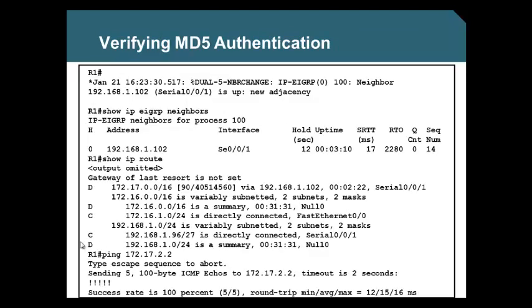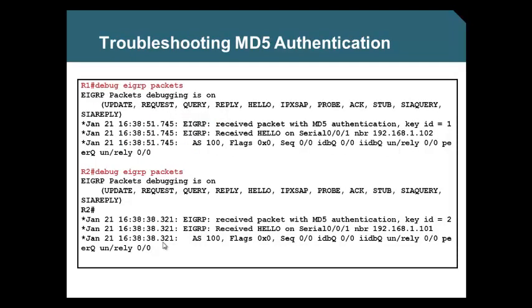For verification, you type show ip eigrp neighbor. Once the authentication is good, the neighbor should come up, and you check the routing table. You should see the route and the ping should work. Now, if you want to troubleshoot, these are the commands. Debug eigrp packets, and you will see EIGRP receives an MD5 authentication, the key ID is 1, received a hello. On router 2, the key ID is different, so it should match actually.